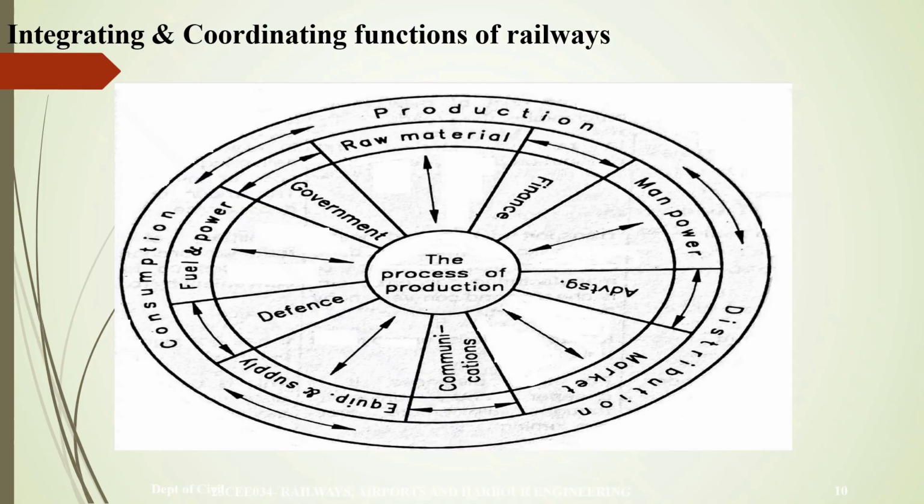The whole process involves three steps: production, distribution, and consumption. For all of these factors, railways play a main function.